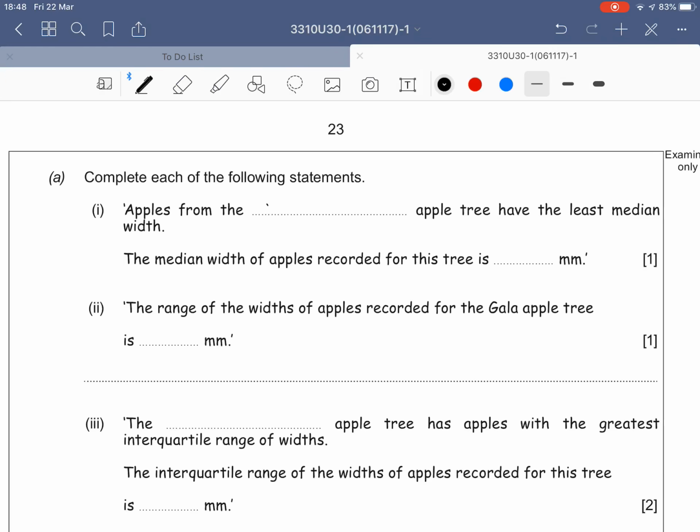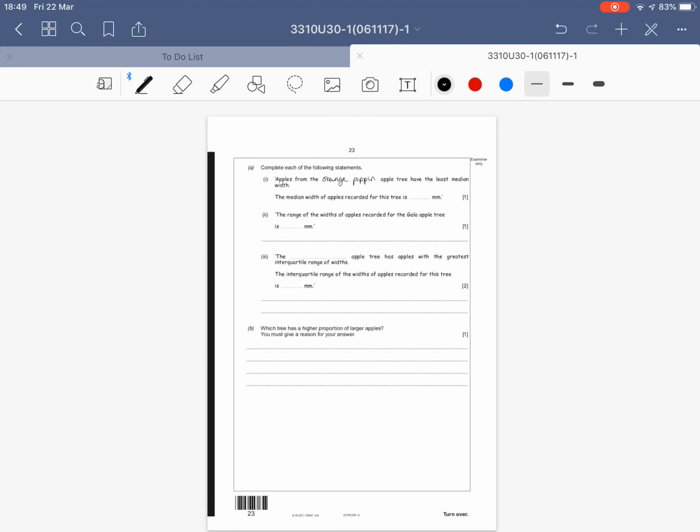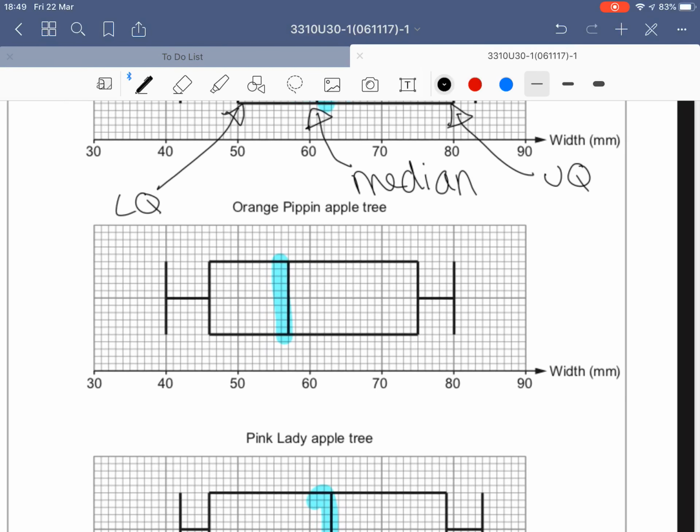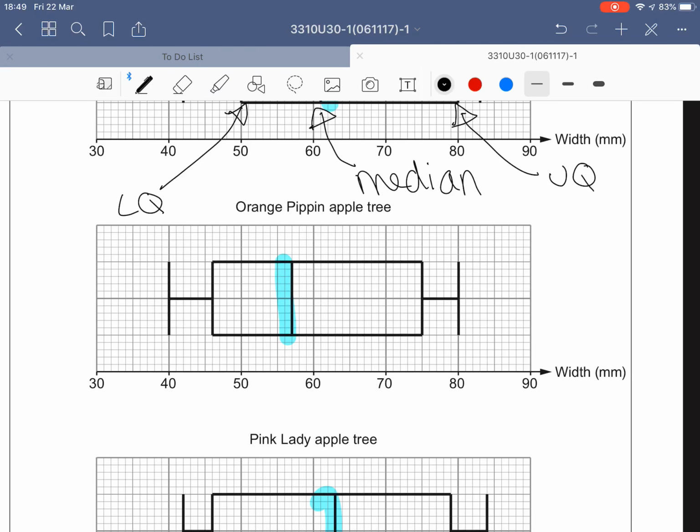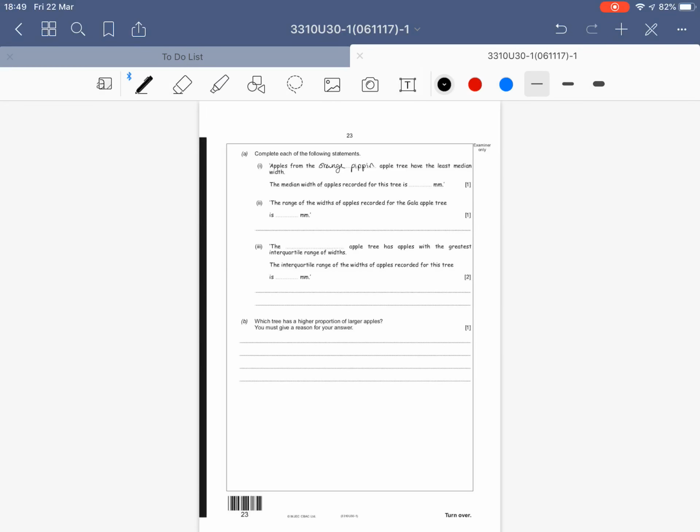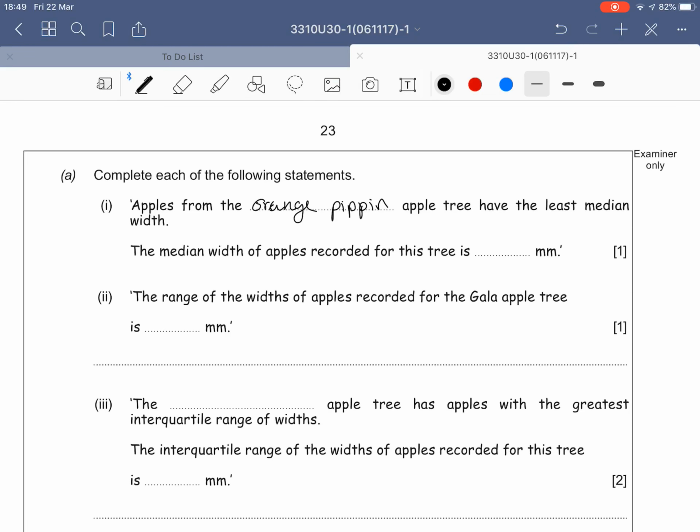So we can say apples from the orange pimpin tree. So the median is 57 millimeters.